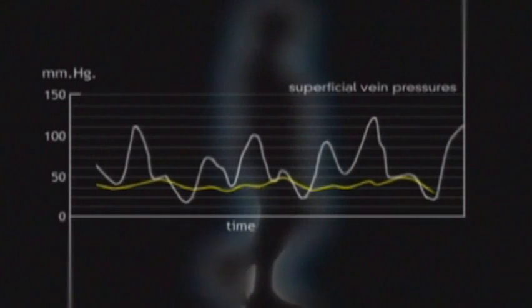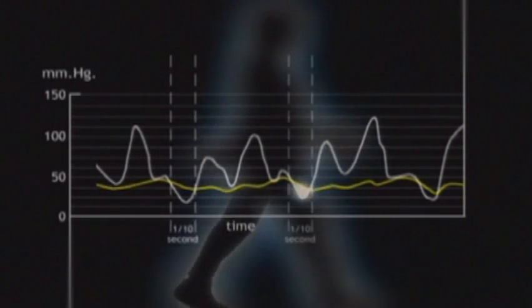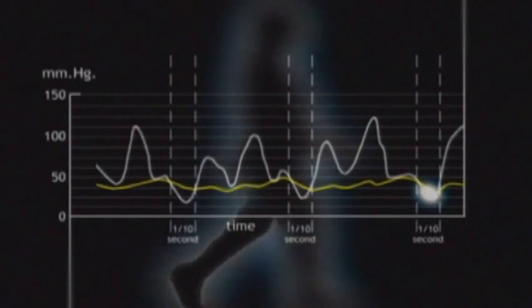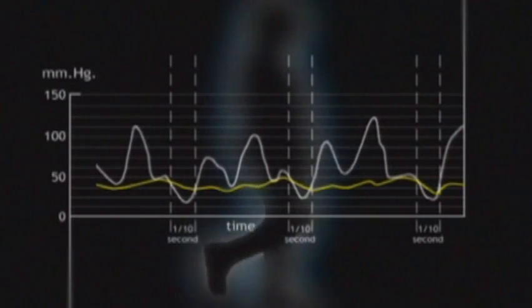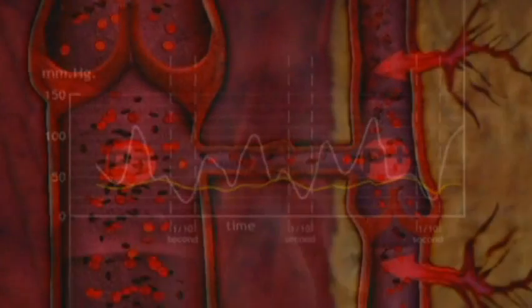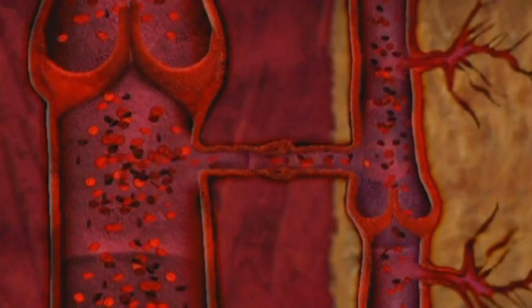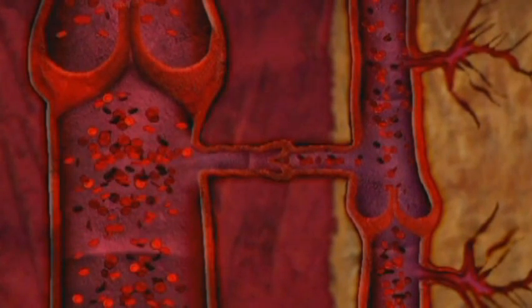The pressure differences recorded in the superficial veins were relatively small, and it is only at these points, a time interval of just around 1/10 of a second, when the pressure in the deep vein is lower than that in the superficial vein. At these points, the inflow of blood from the superficial veins is permitted past the valves of the perforating veins, and the blood enters the deep veins.